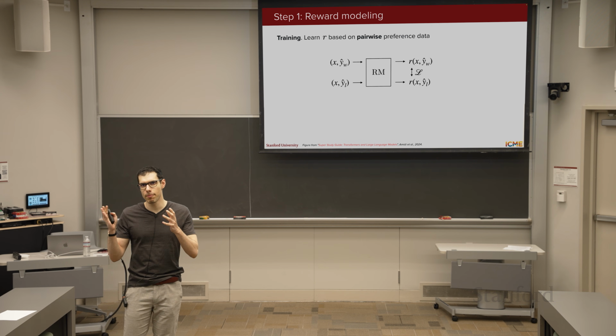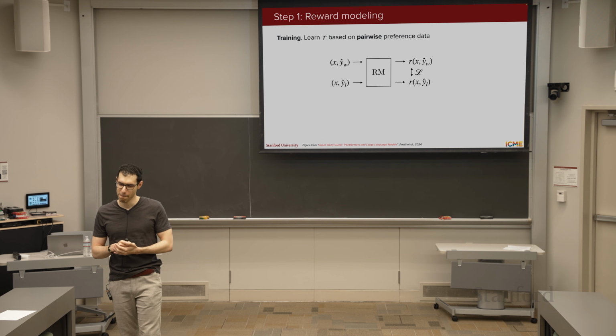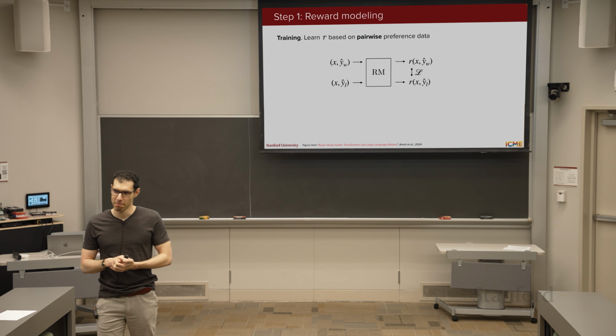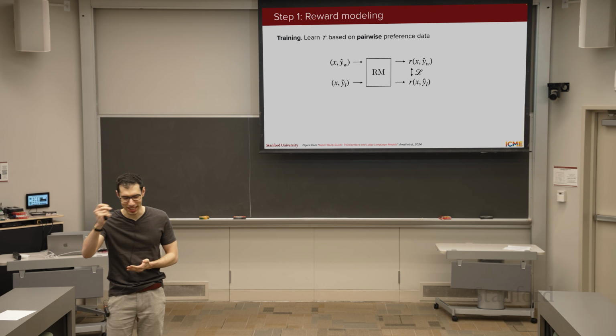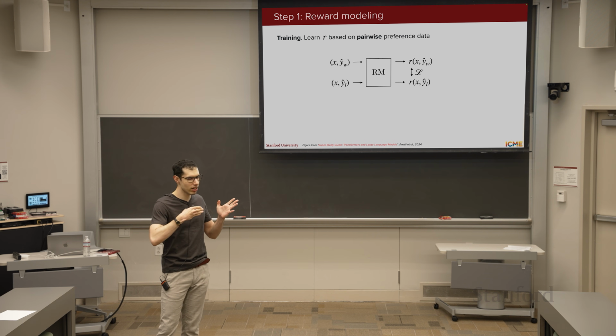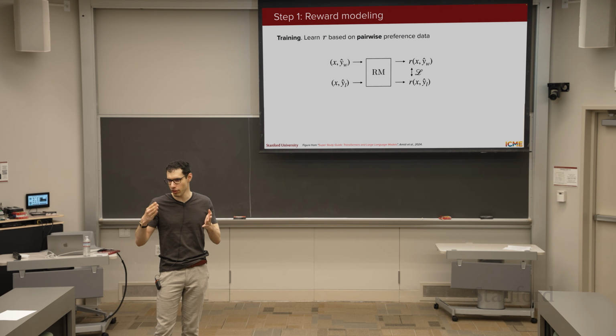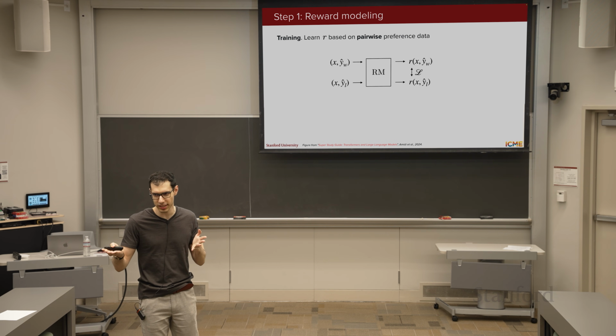OK, so in that case, what would it be? Yeah, exactly. Great answer. So your answer is having some negative log likelihood of this quantity. The cross entropy can be seen as a special case of this.